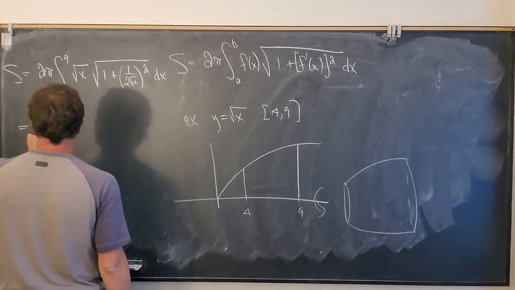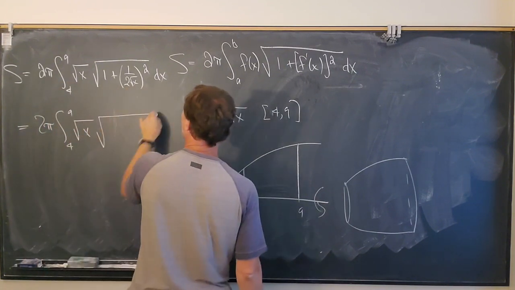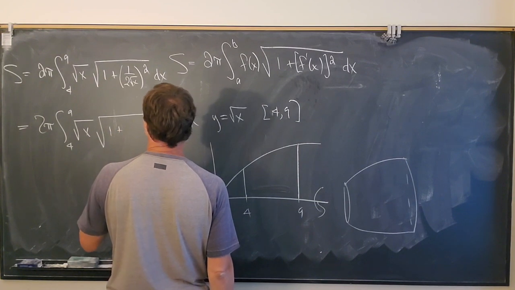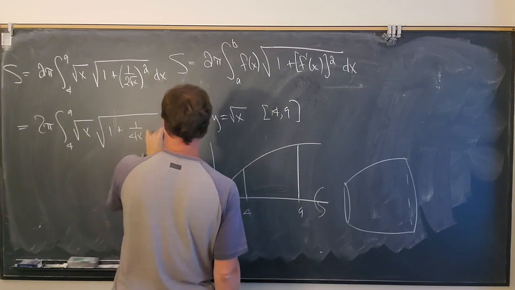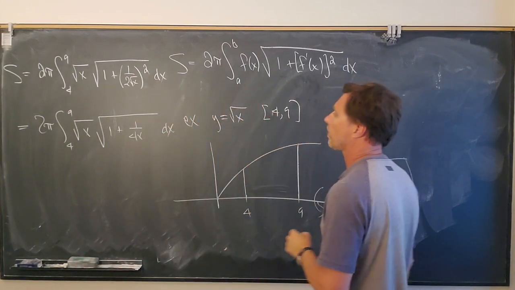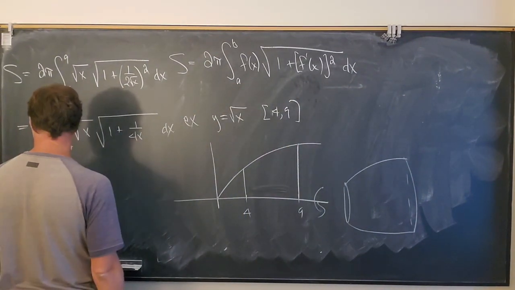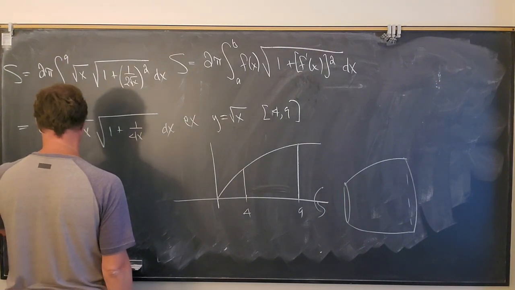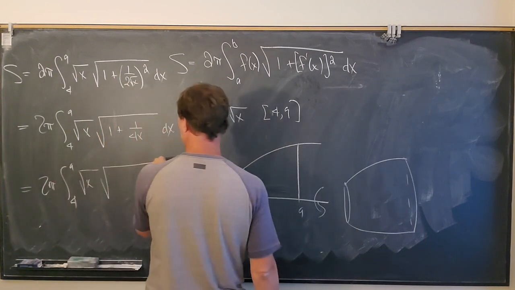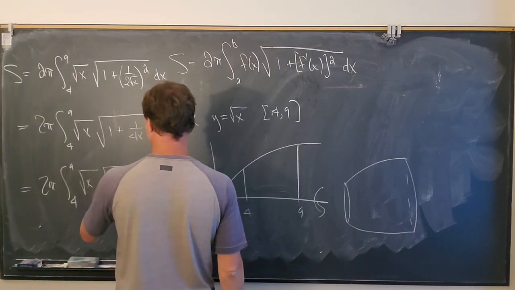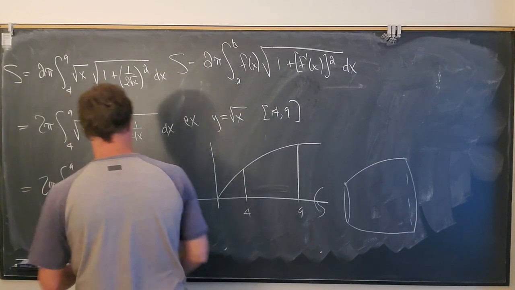That's equal to 2 pi integral 4 to 9 square root of x, square root of 1 plus, this will be a 1 over 4x dx. And now we just need to integrate this, so let's get a common denominator. So 2 pi integral 4 to 9 square root of x, square root of, so this will be a 4x plus 1 over 4x dx.